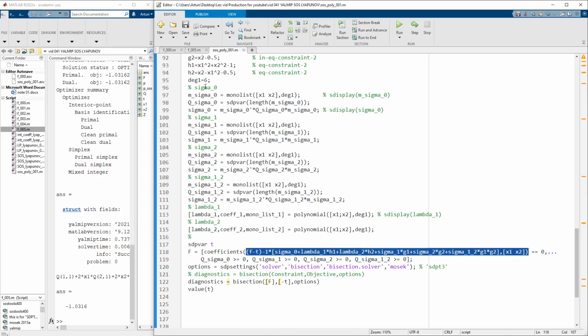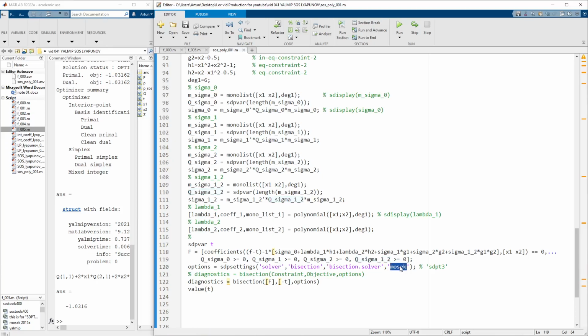Recall we have sigma 0, sigma 1, sigma 2, and sigma 1 2. We have 4 SOS polynomials that we need to find, each with a corresponding matrix, and these matrices must be positive semi-definite. We are just imposing that constraint on the statement of the problem.